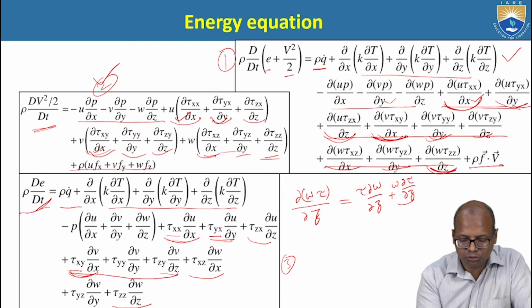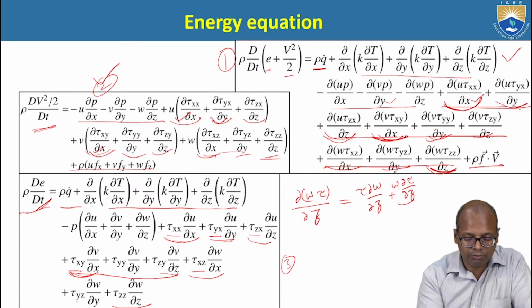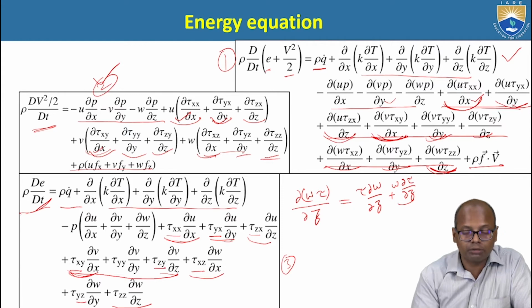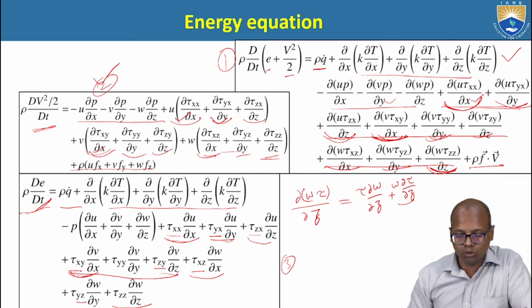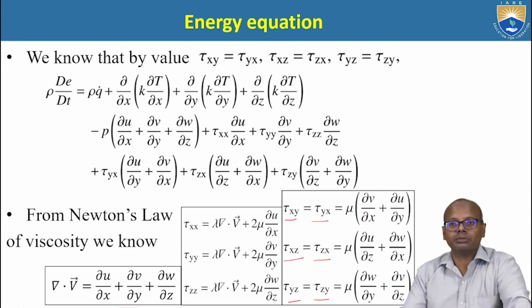If I take these two as common, I will get dou u by dou y plus dou v by dou x, and tau zx and tau xz. If these two are equal and I take it common, what I will get? Dou u by dou z plus dou w by dou x. Similarly, I have yz here and zy here. If I take the common, what I will get is dou v by dou z plus dou w by dou y. Like that, I will get a common term. So it will become like this.